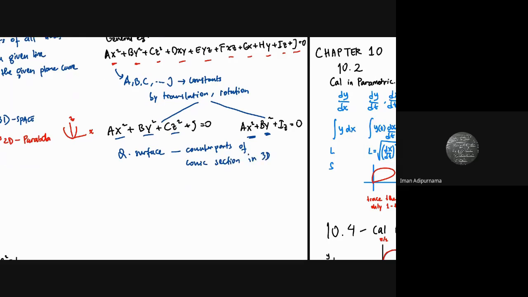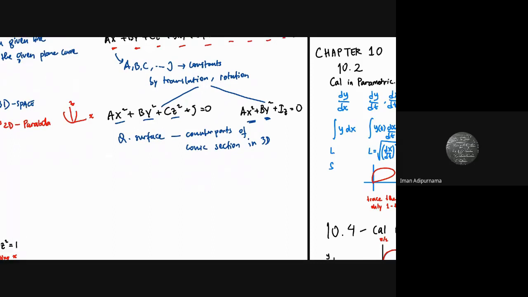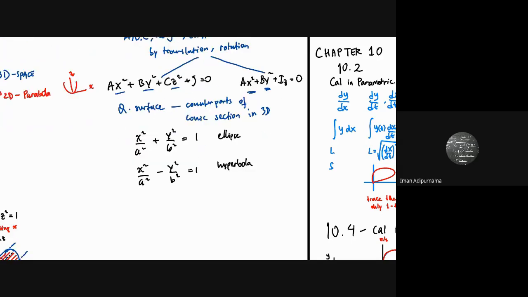Let me write some conic section formulas. If you remember, you have the ellipse, and maybe the hyperbola, and also the parabola.